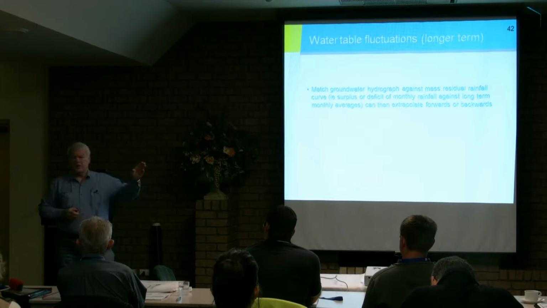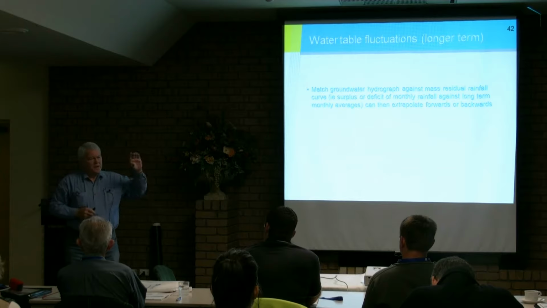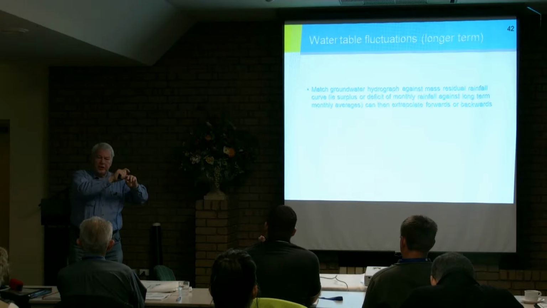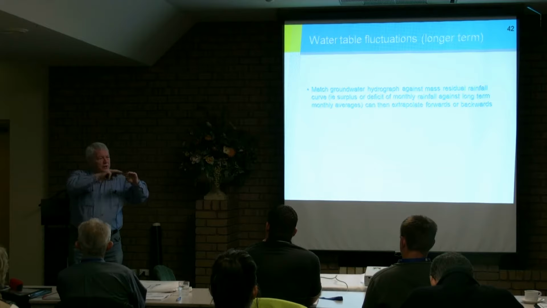Then we go to the start of the period and we compare the actual monthly rainfall for January with the average, and we get a difference, either a higher or lower, and we record that. Then we move to February and compare the actual February rainfall with the average February, and again we get an increase or a decrease, and we add that onto the one from January, and we get a cumulative build-up of excess of rainfall for the whole period.